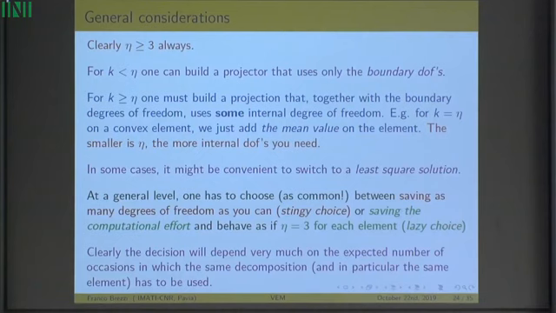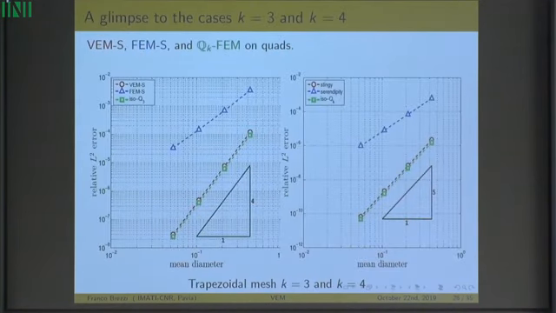Okay, let us see what we can do. So first, we say on quads. We take the same example that we had before on quads and see how it does. On quadrilaterals, those ones you remember, they were non-degenerate quadrilaterals.